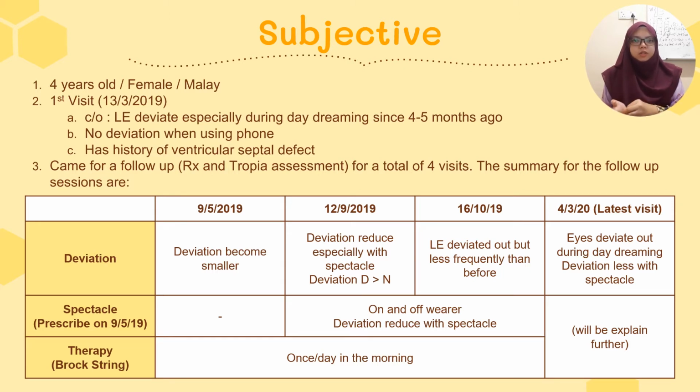The patient was prescribed bead string therapy, and did it once per day in the morning before she went to the nursery. The patient's mother said they comply with the therapy, and hence we proceed with the assessment to monitor whether the therapy and the management given previously has affected the deviation or not.